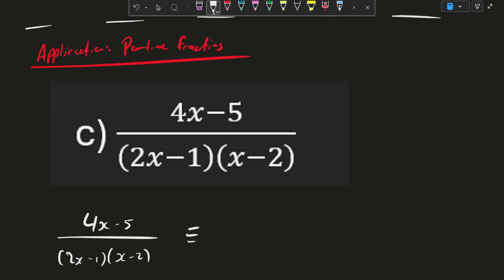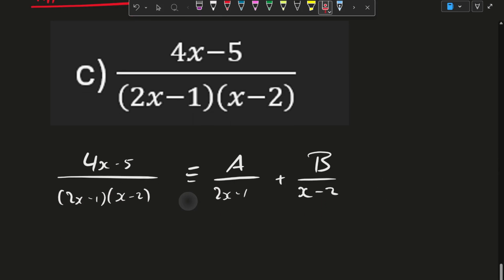The form this partial fraction will go into is a constant a divided by the first bracket, 2x minus 1, plus another constant b over the second bracket, x minus 2. So we're effectively pulling apart these as separate fractions. And these a and b are simply constants, for a reason I won't get onto immediately.